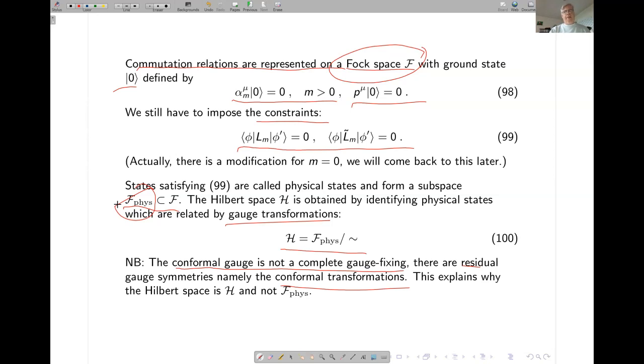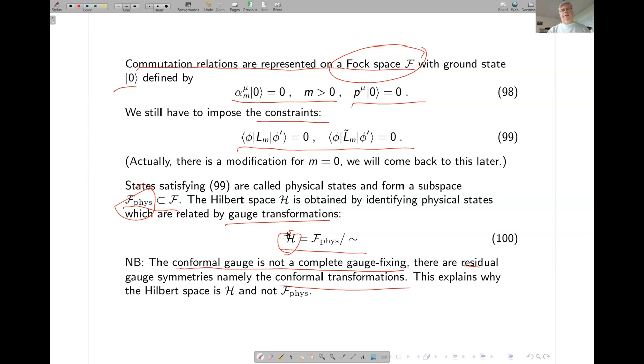And these null states should correspond to the residual gauge transformations, in the sense that two states in F phys which differ by such a null state are related by a gauge transformation. And then by dividing out all the null states, we should hopefully end up with a Hilbert space which really carries a positive definite scalar product.